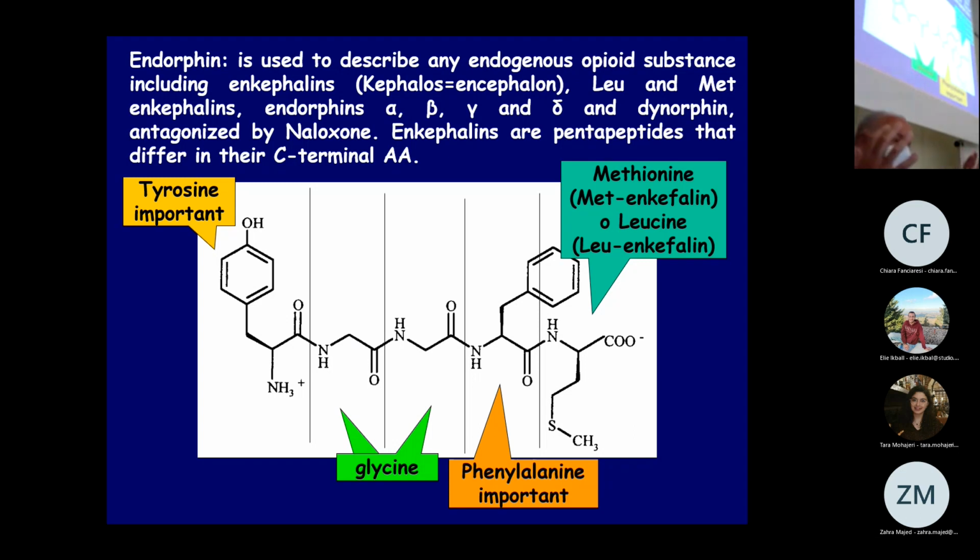So we have a structure with an aromatic amino acid at the beginning, two simple amino acid glycine molecules, and then a phenylalanine, important.